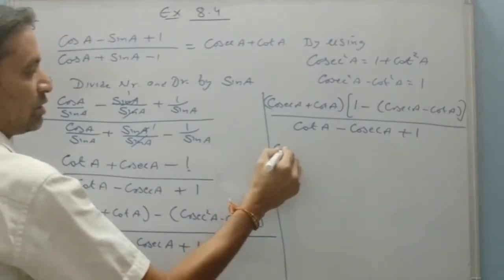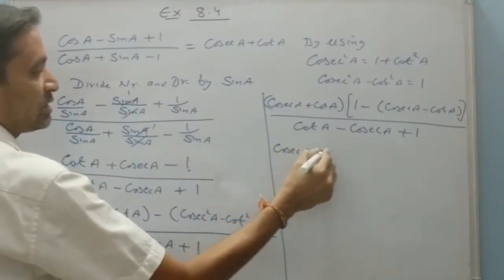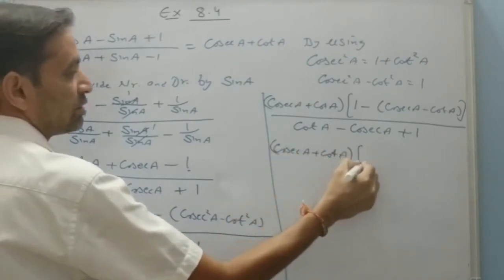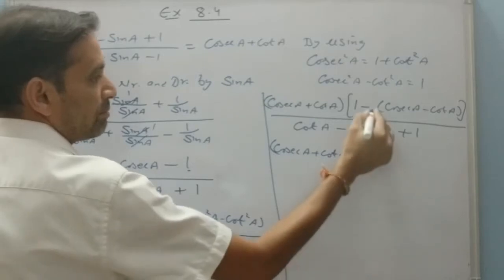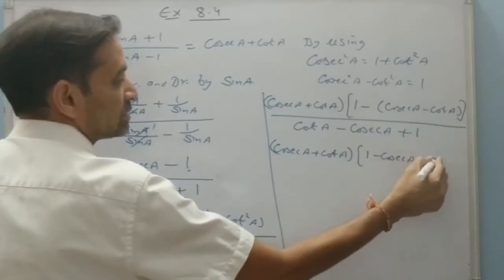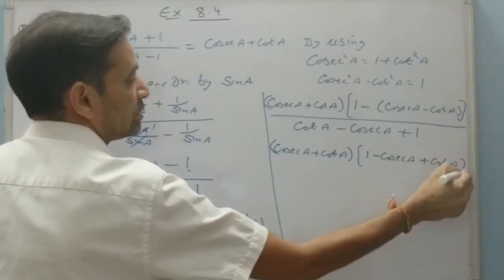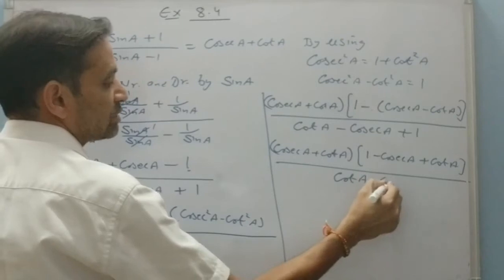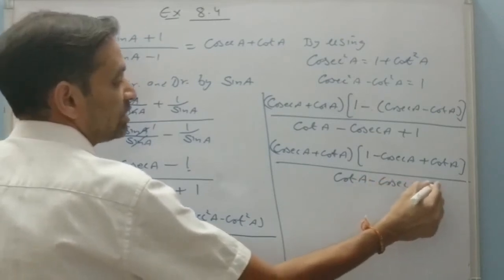Now cosec A plus cot A is as it is. This will become 1 minus cosec A plus cot A. Similarly, cot A minus cosec A plus 1.